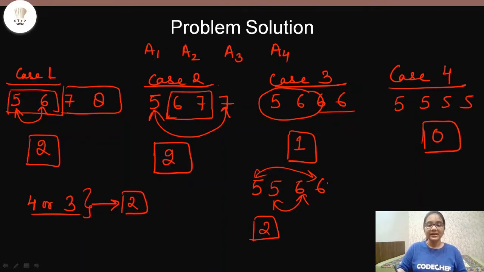Now if you look at case 3, then there are 2 conditions which we will have to keep in mind. Although this says that there are 2 difficulty levels in both the cases, this is the first case and this is the second case. So here we have 5 and 6 difficulty level, here also we have 5 and 6 difficulty levels, but here we have just one problem with 5 difficulty level and 3 problems with 6 difficulty levels, and here we have 2 problems with 5 difficulty level, 2 problems with 6 difficulty levels.